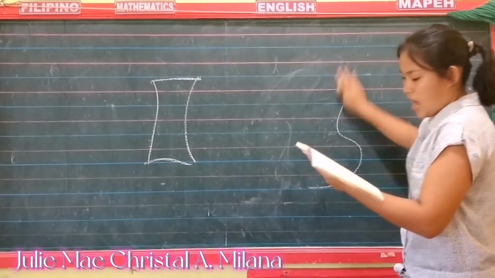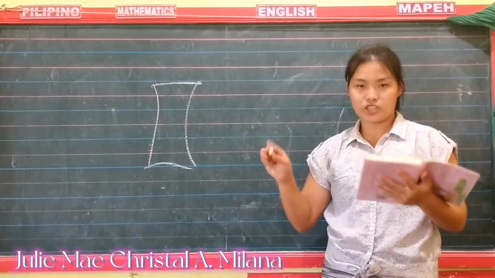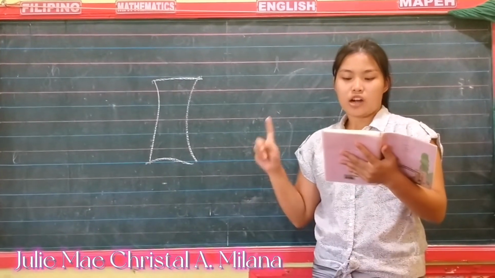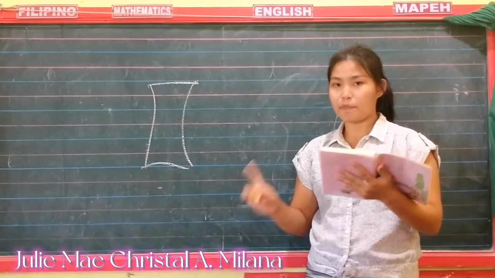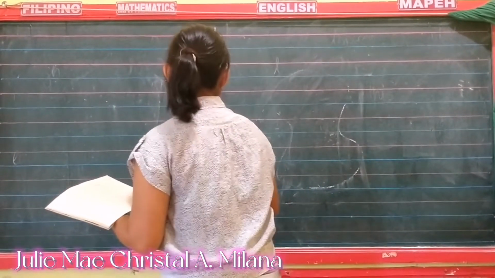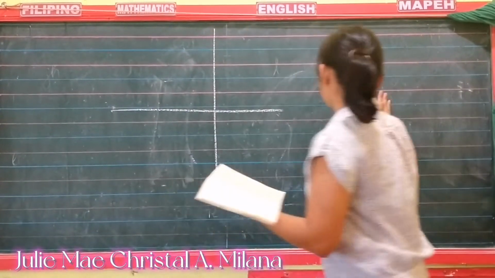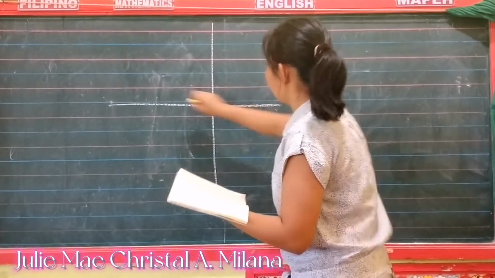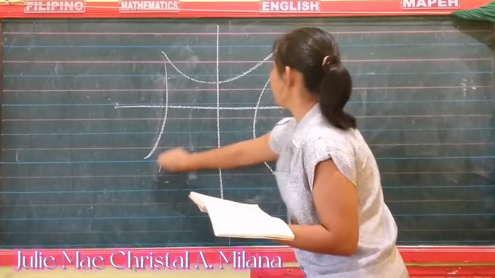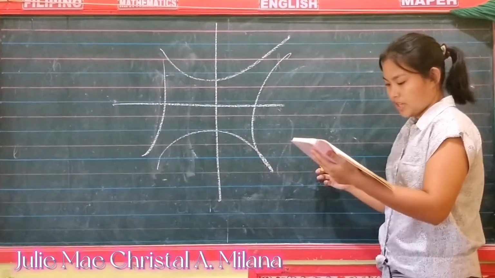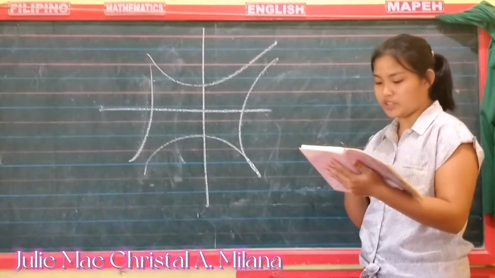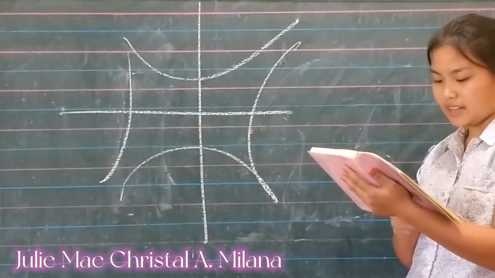So, a hyperbola has two branches. Two branches that can either open right or left, or up and down. So, in the graph, left, right, then up, then down, depending on whether the foci are on the horizontal or vertical axis.